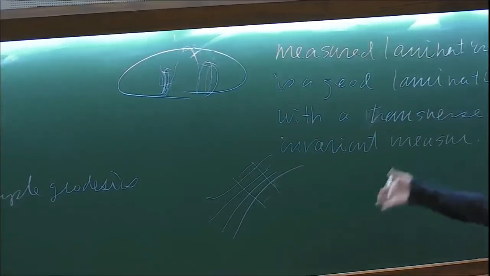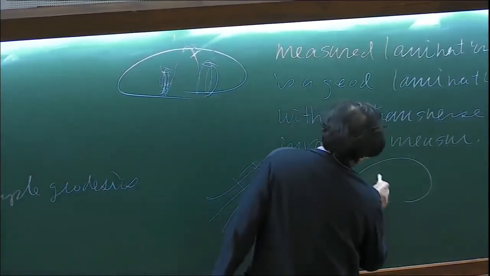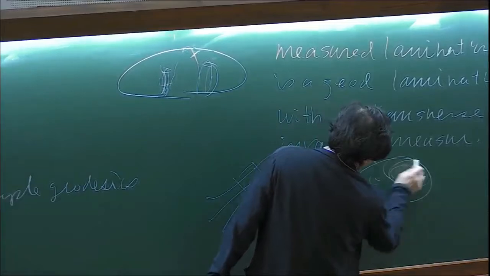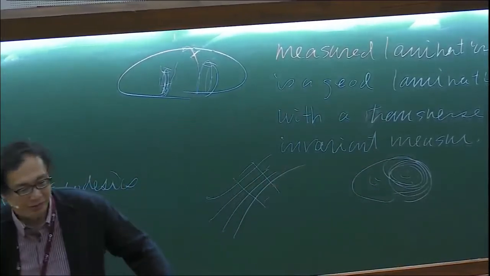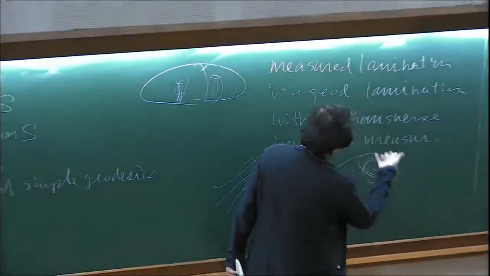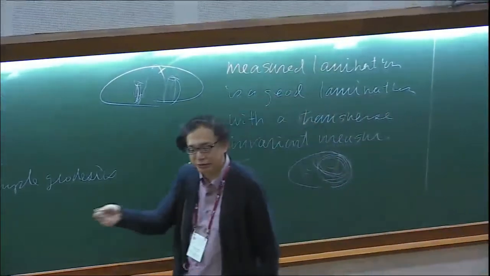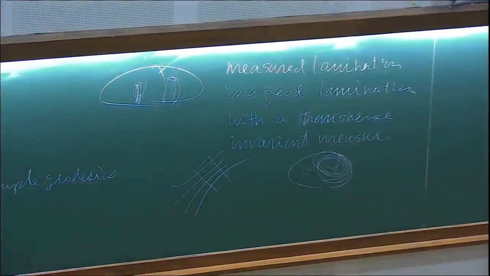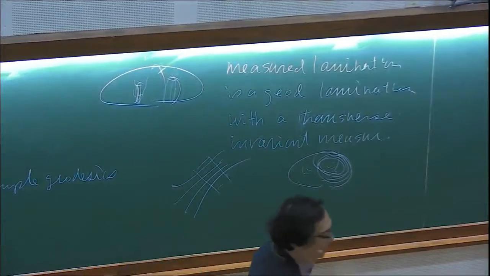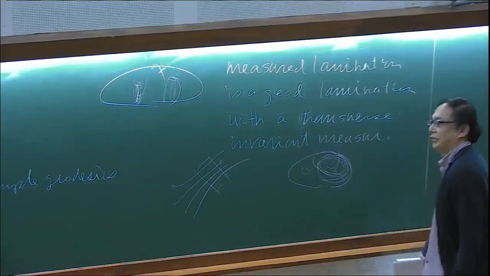So what you really have is either a closed geodesic, or something called an exceptional minimal set. An exceptional minimal set has a very complicated kind of leaf. If you cut the leaf along its transversal, then what you get is a Cantor set. So either this type or that type is what you get in a measured lamination.